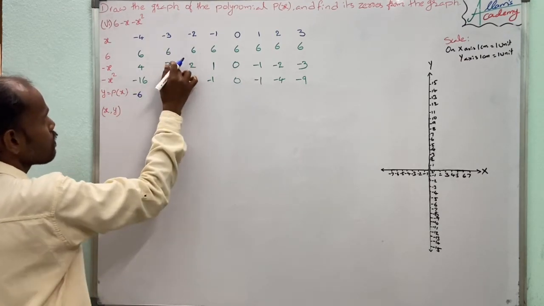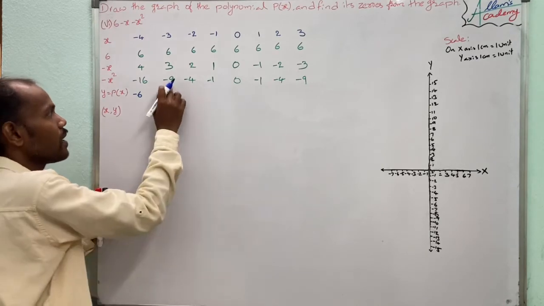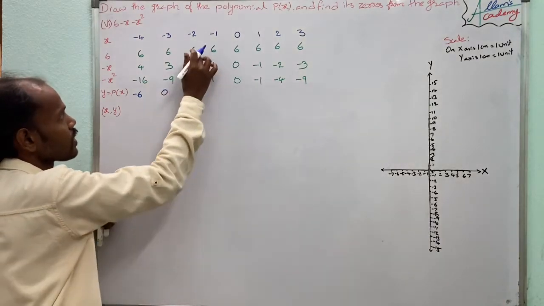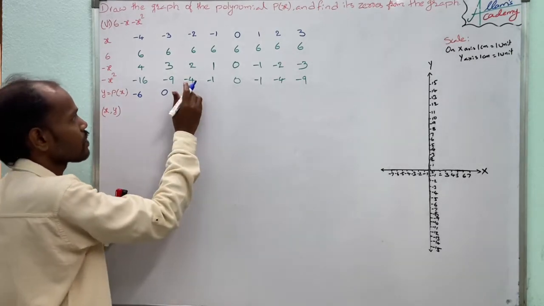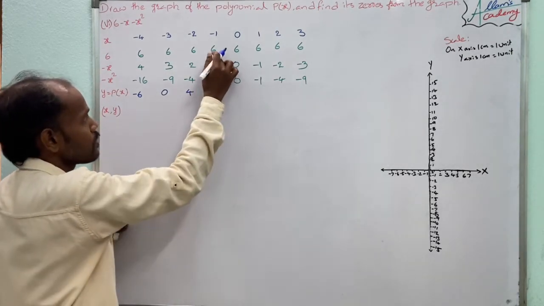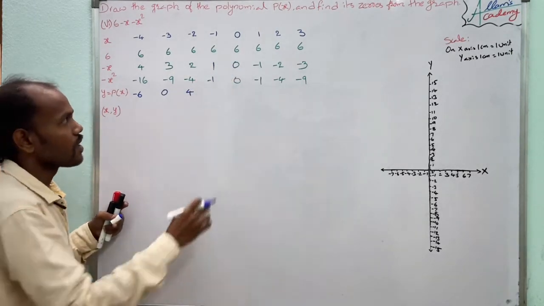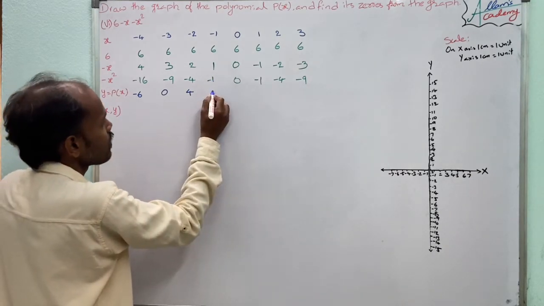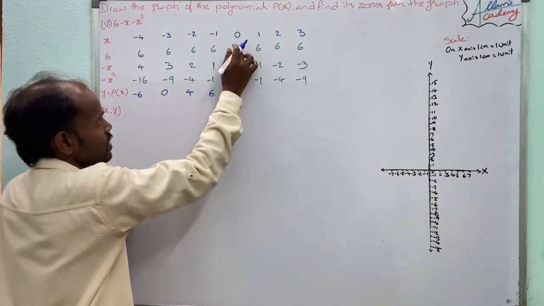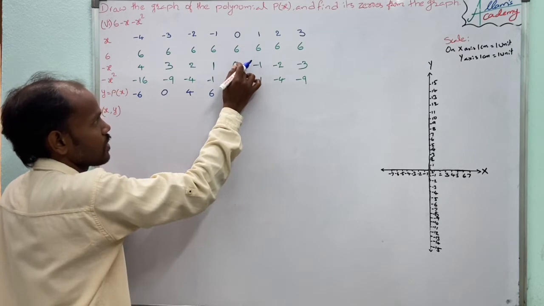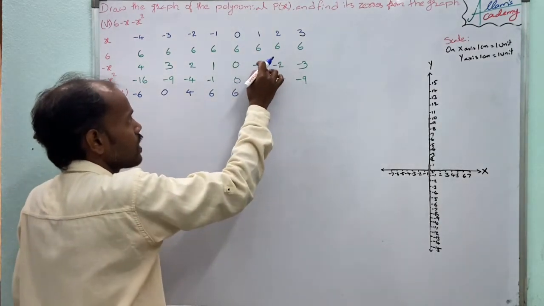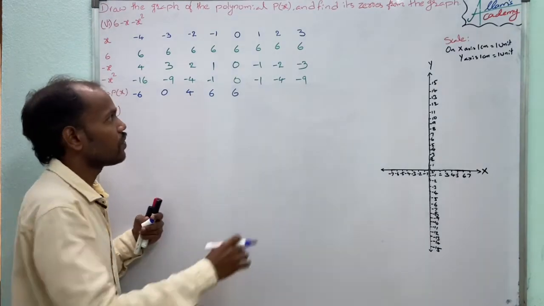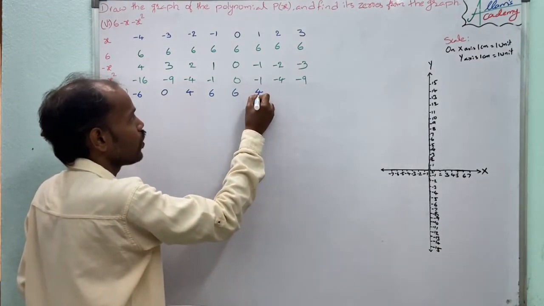Next, 6 plus 3 is 9, 9 minus 9 is 0. 2 plus 6 is 8, 8 minus 4 is 4. 6 plus 1 is 7, 7 minus 1 is 6. 6 plus 0, that is 6 only. 6 minus 1 is 5, 5 minus 1 is 4.